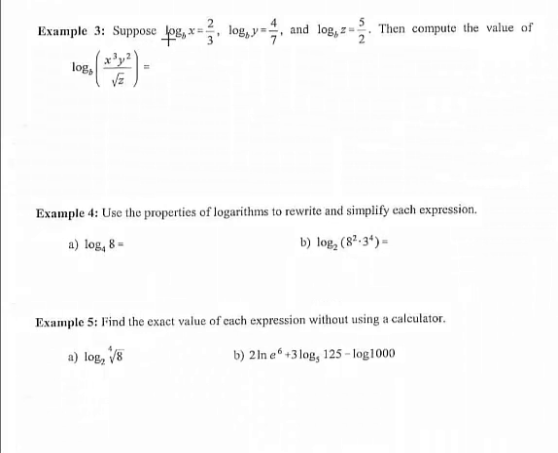Example 3 says, suppose that we actually know the result of log base b of x, okay, and it's 2/3, and then log base b of y is 4/7. When we break up this expression here, we can actually compute it since we know the outputs for these different log functions.